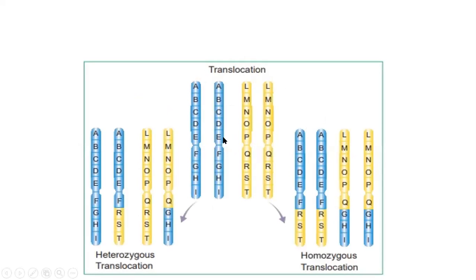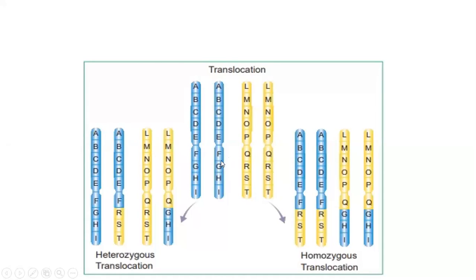This is one pair with the genes A, B, C, D, E, F, G, H, I. Both are similar. The second pair is yellow, L, M, N, O, P, Q, R, S, T. So this is one pair and this is the second pair. Interchange will take place between blue and yellow.